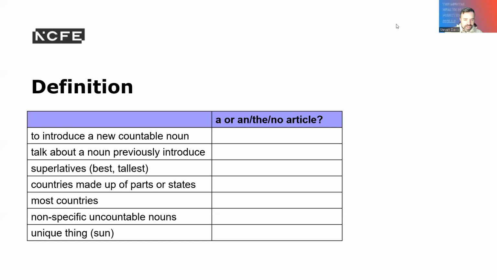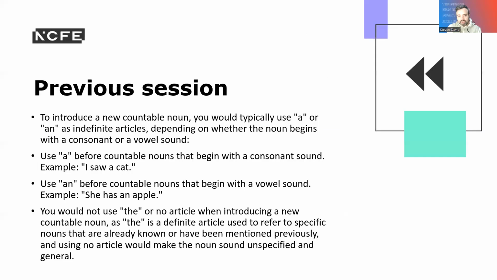Okay, so what I've done is I've put together the first two so we can have a look, and then obviously you can research the rest of this. So let's just have a look.